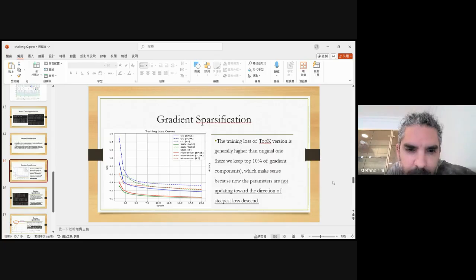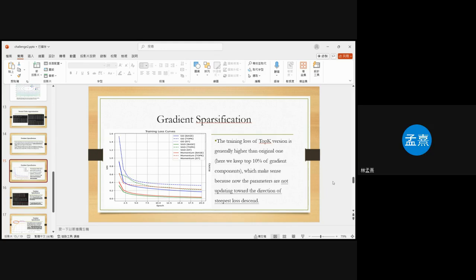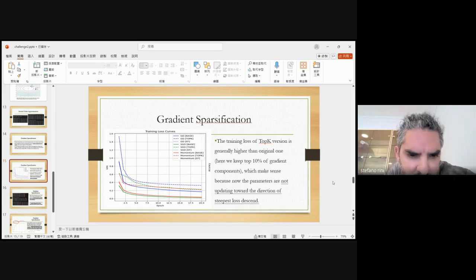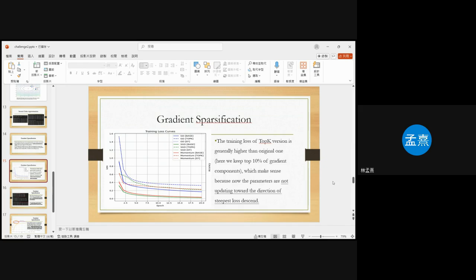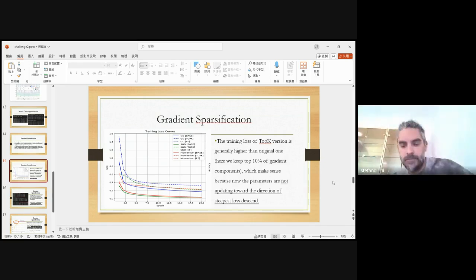If you do it with momentum, then you lose again more. And then can you tell me where the error feedback is? The error feedback brings you back to the original curve, basically, correct? Oh yeah. Okay, good. That's a very nice plot. Go ahead.